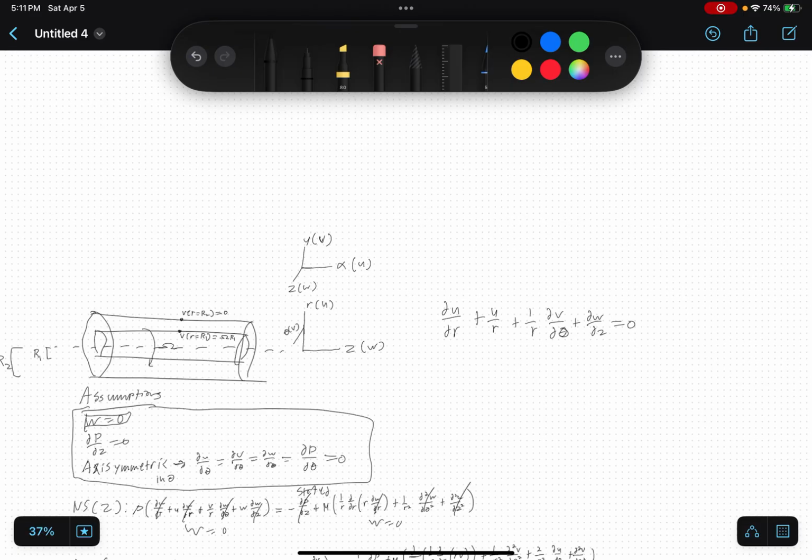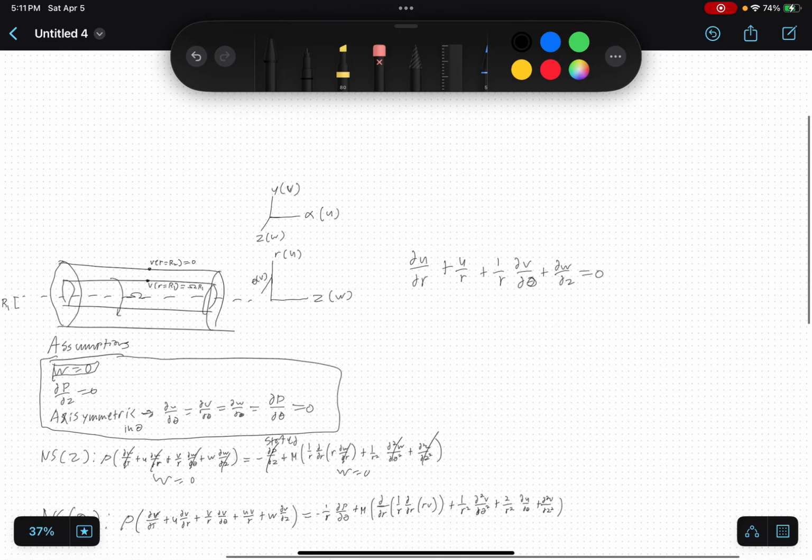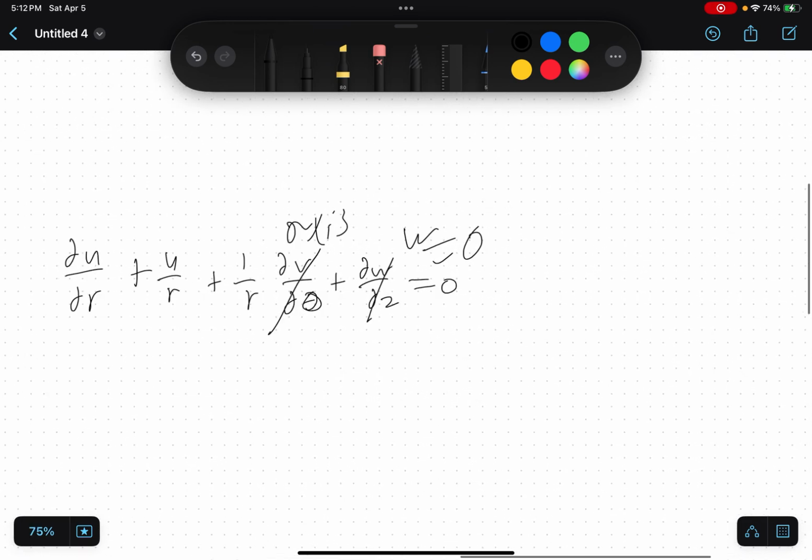The derivative with respect to theta goes away because it's axisymmetric. w equals 0. So we're left with these two terms: du/dr plus u over r equals 0.